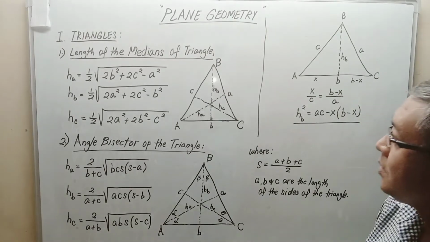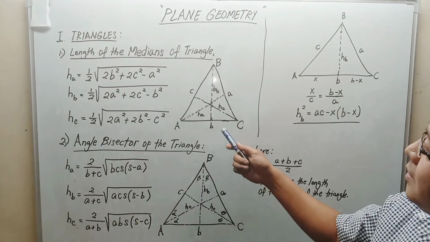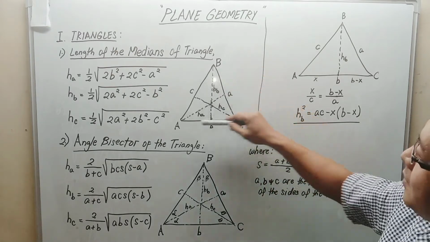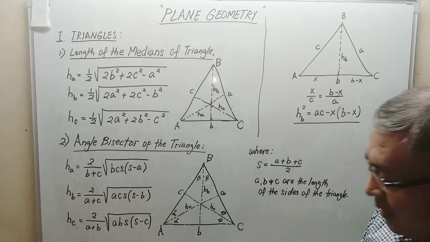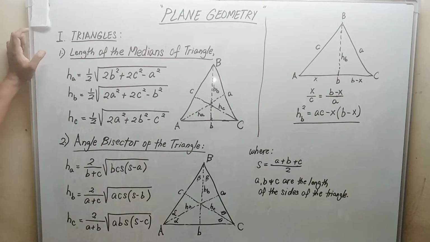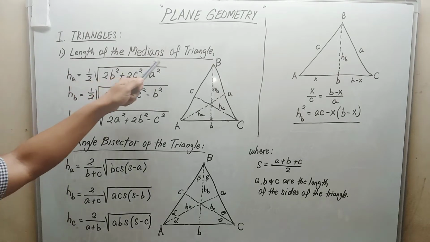So I'm discussing to you the properties or the formula regarding this triangle plane geometry. Now our first property is the length of the medians of a triangle.